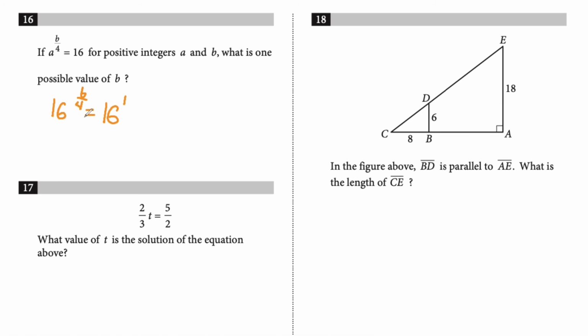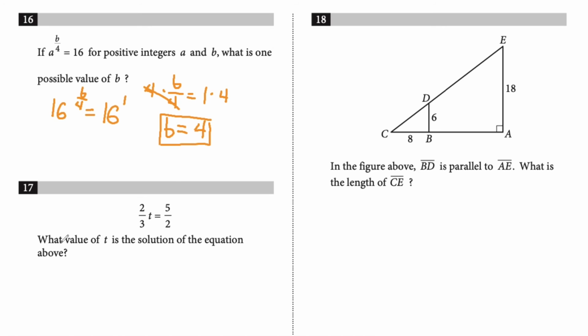When we have the same base and exponents equal to each other, we can set the exponents equal to each other. So here we'll have B over 4 equals 1. And to get B by itself, we just have to multiply each side by 4. So we'll get that B equals 4. This is one of the possible values for B.